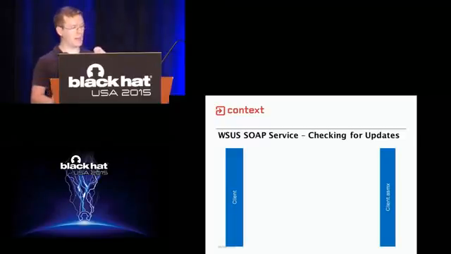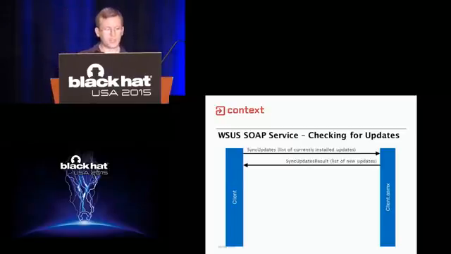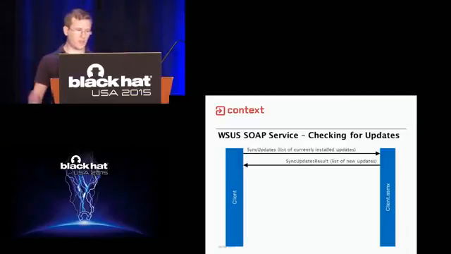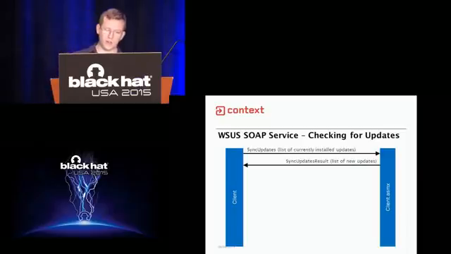So what happens when a computer actually checks for updates? First of all, there's a call to a method called sync updates. With that, the client sends a list of all the update IDs that it's got installed. On a typical Windows 7 machine, there'll be a few hundred update IDs there.